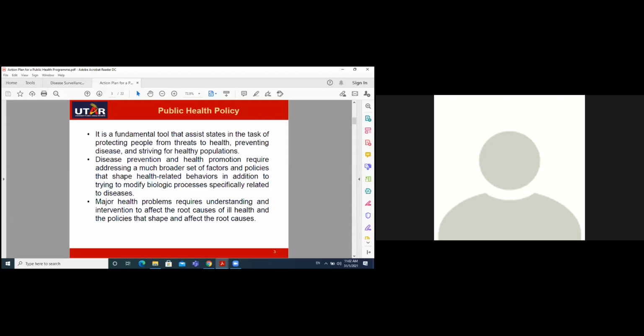So major health problems require understanding and intervention; we need to understand the root causes of ill health, and what are the policies that shape and affect these determinants, or the risk factors, for these specific diseases.